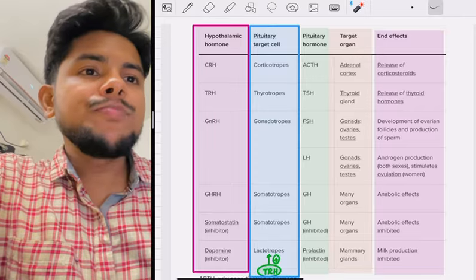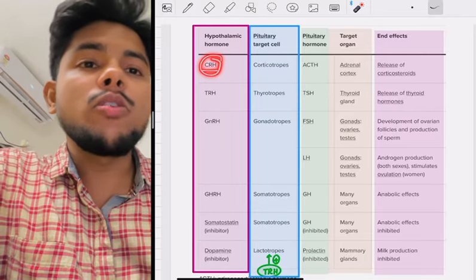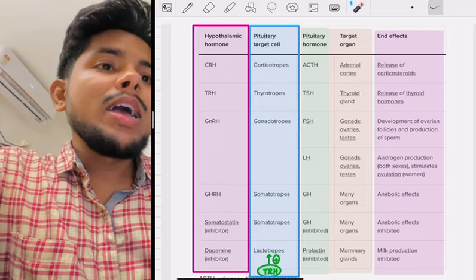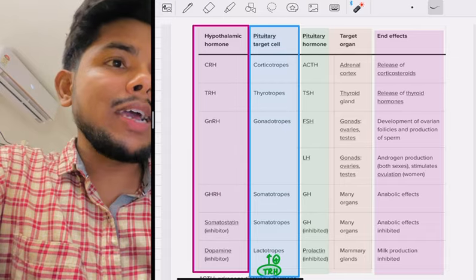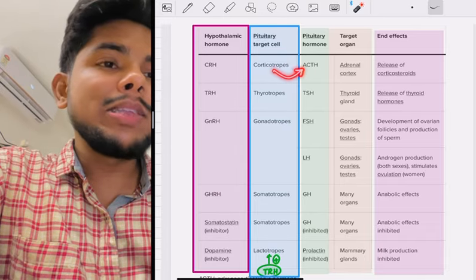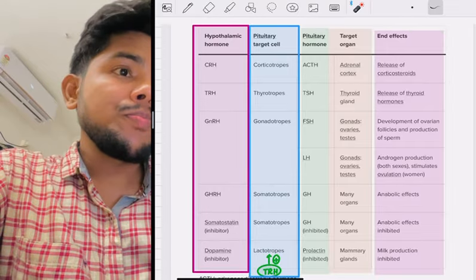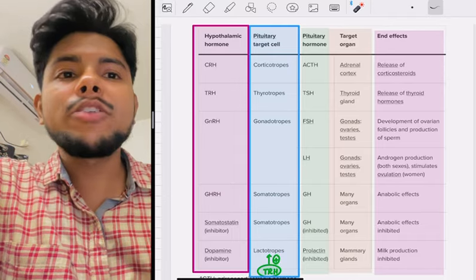Let's talk about this one by one. We have CRH, which is corticotropin releasing hormone. It acts on the corticotroph, which is present in the anterior pituitary gland, and when acted upon by CRH, it produces ACTH, which targets and mediates the function of the adrenal cortex.